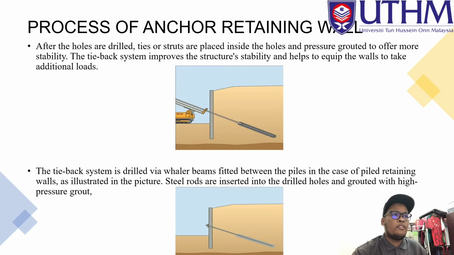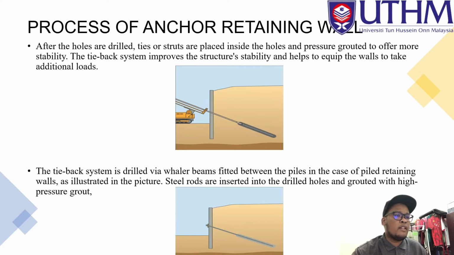After the holes are drilled, tie rods or struts are placed inside the hole and pressure grouted to offer more stability. The tieback system improves the structure's stability and helps equip the wall to take additional load, as we can see from the figure below.